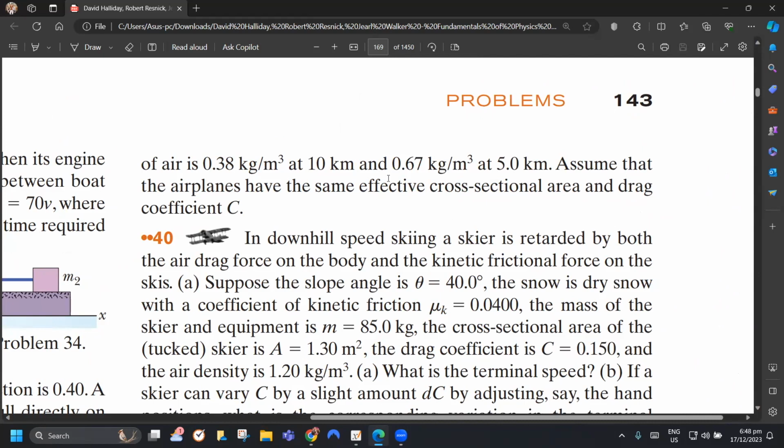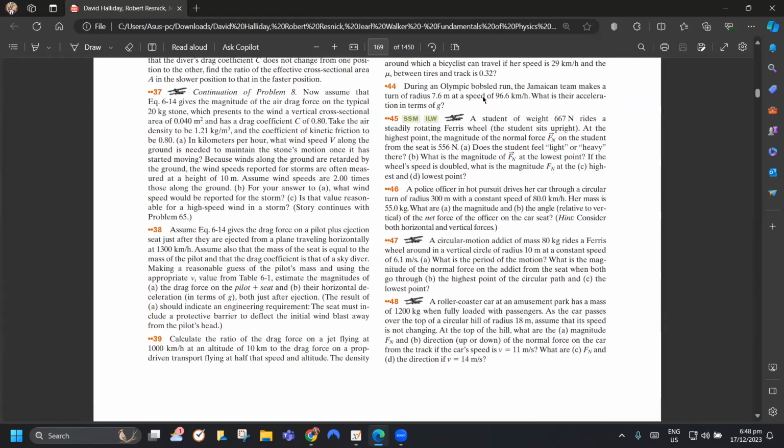Then D_jet = 1/2 C rho A V_jet squared. Let's look at the drag forces. We need the density because the altitudes are different, so although they have the same area, the densities will be different.